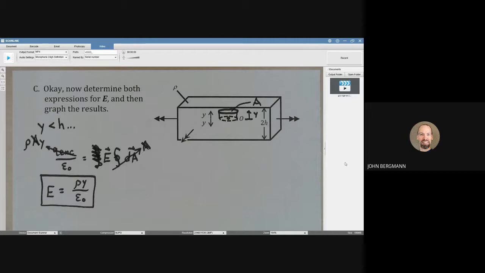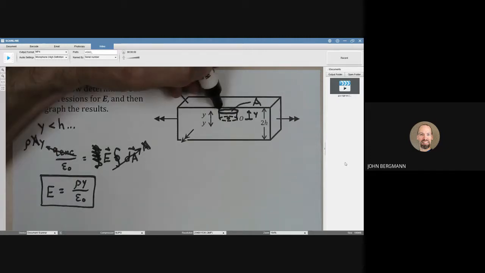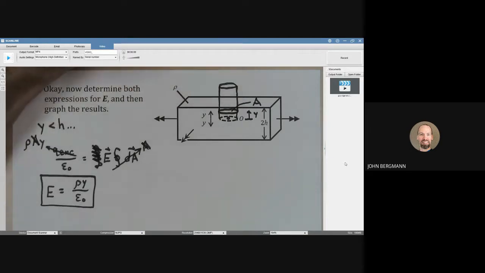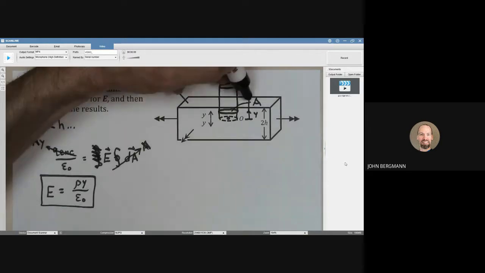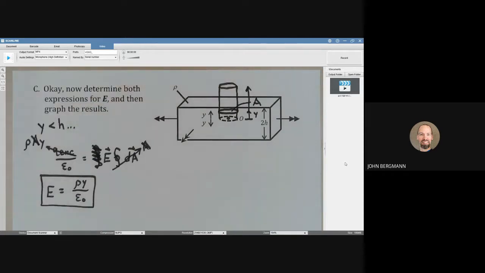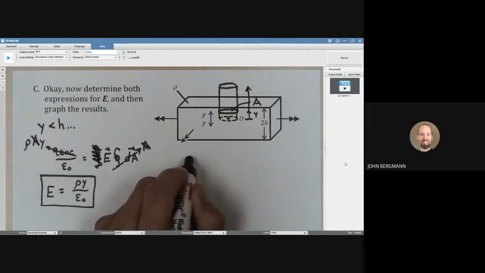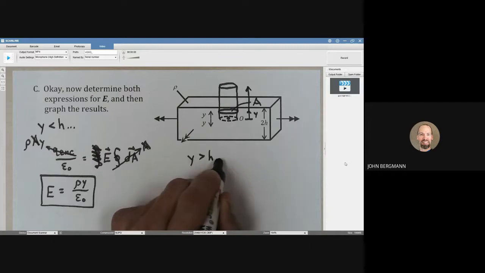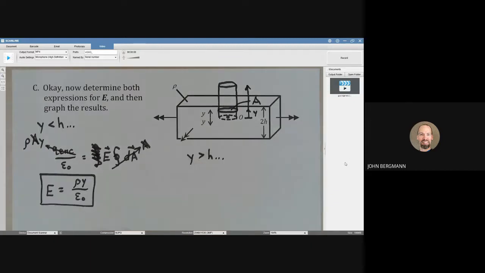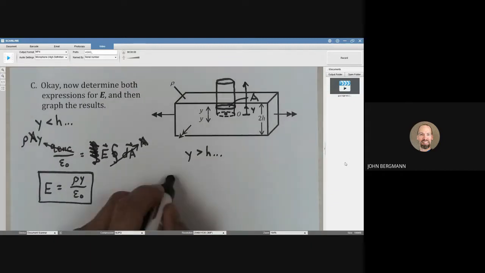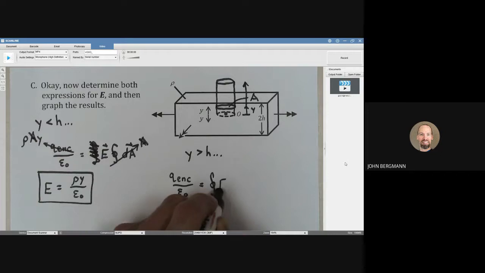Now, what about when we get outside the surface? Let's take the cylinder, and it's all the way out here now. Still got the same shape. Now my y extends all the way there above the slab. So now, for y greater than h, let's do something similar. The charge that's enclosed divided by epsilon naught is equal to the integral of E dot dA.